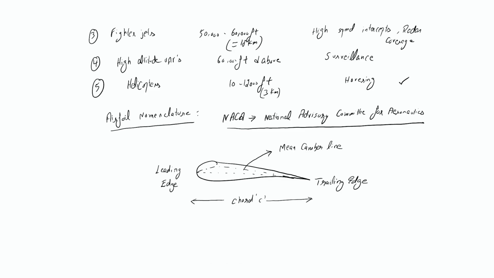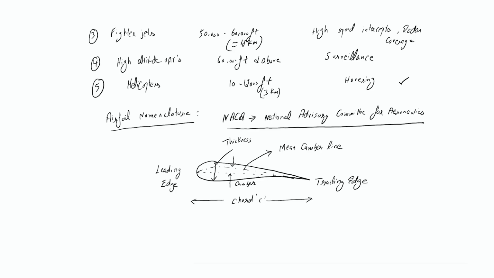And this is called the thickness of such an airfoil. And the distance between the mean camber line and the chord line is called the camber, simply the camber.